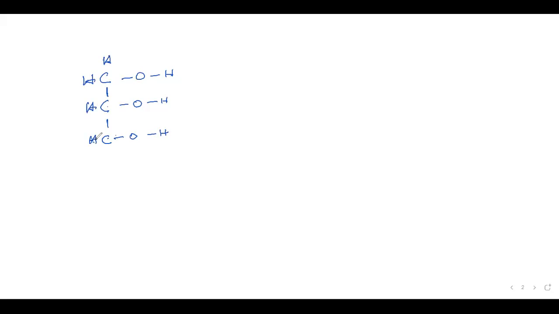And then I have my carboxylic acid. I will require three carboxylic acids. Again, the carboxylic acid or the fatty acid can have as many carbons as possible. It's not fixed. And I will require three of these.